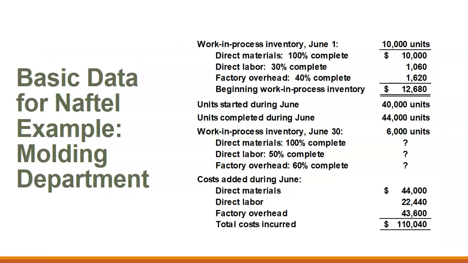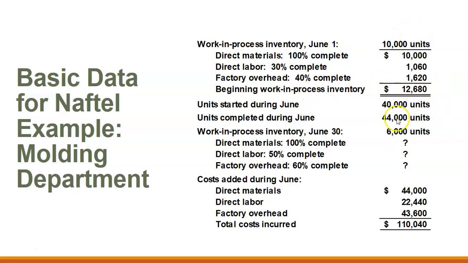So in this example, we have various information about the molding department. We have information about our beginning work in process inventory, how many units were partially complete at the beginning of the month, and the number of units we started in addition, so 40,000 units were started in the month in addition to the 10,000 partial units.